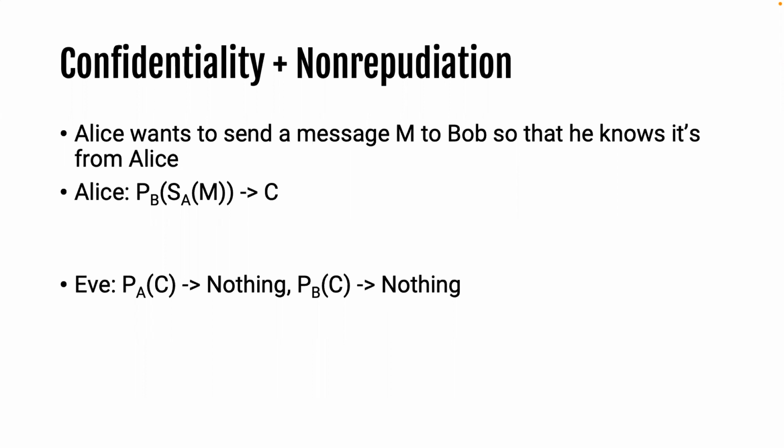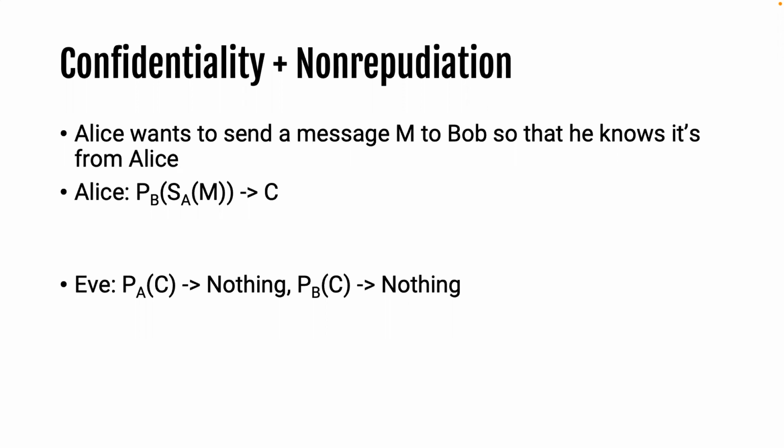One pair is the public key and secret key of Alice, and the other is the public key and secret key of Bob. And in this case, what Alice can do is that she can first use her own secret key to encrypt the message. So you have SA of M, right? That is a message that has been processed by Alice's secret key.